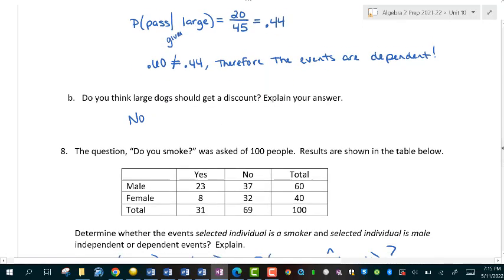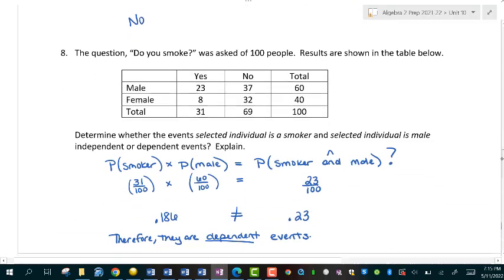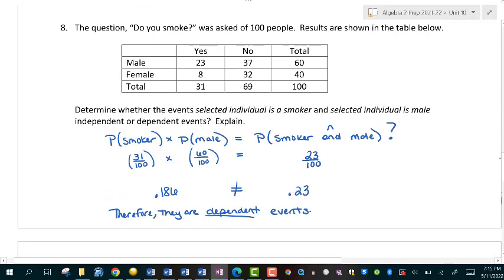Now, the second method of proving independence has to deal with our intersections and multiplication. So here the question, do you smoke, was asked of 100 people. Results are shown in the table below. So we have yes, no, and then male, female. So determine whether the event selected individual as a smoker and selected individual as male are independent or dependent events. So what I did here is I multiplied the probability of the individual events together.